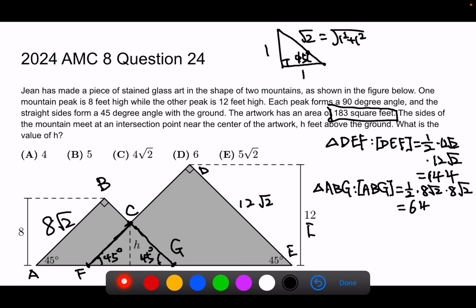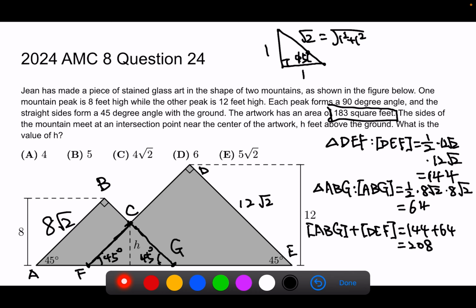If you add the area of ABG plus the area of DEF, that's 144 plus 64, that's 208. So the two triangles' areas add up to 208. However, this artwork's area is 183.